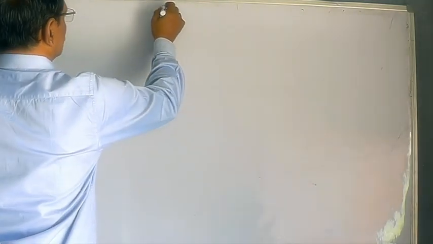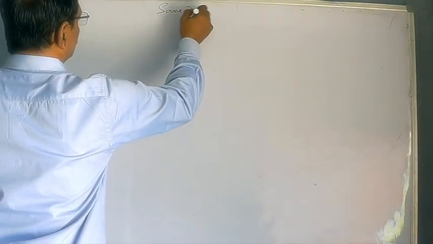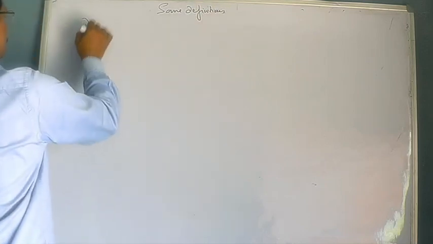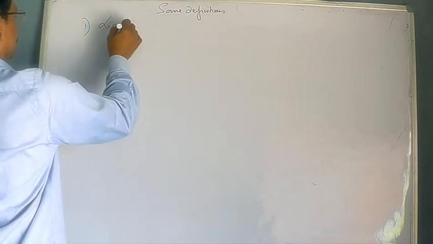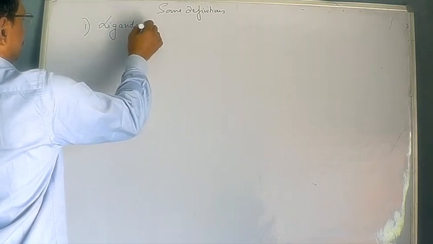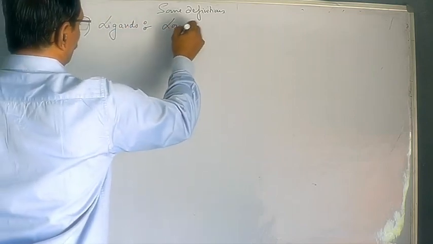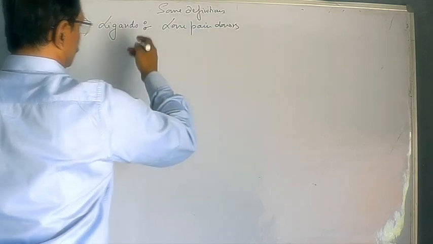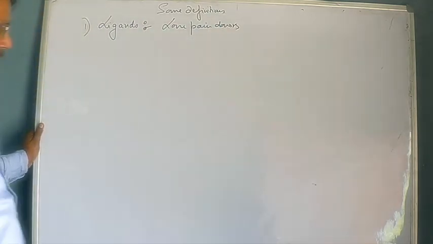Class, now we'll discuss some definitions. First is your ligands, which you are hearing from the very beginning. So ligands are lone pair donors. They donate lone pairs to the central metal atom, the CMA.